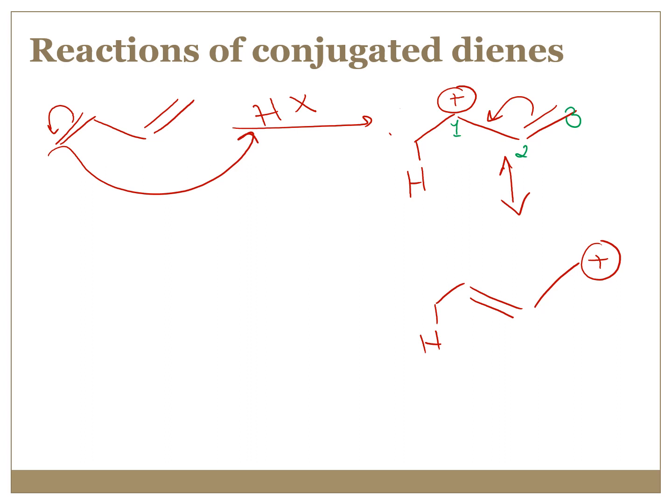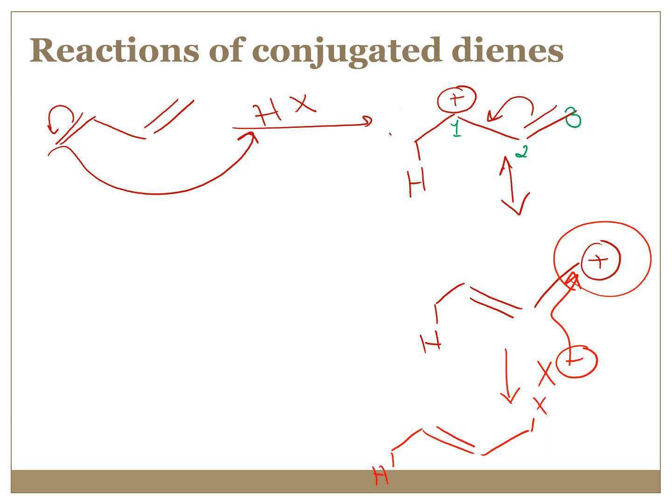This is how the resonance takes place. Now you have the positive charge on this carbon, which will be attacked by the remaining halogen, giving the 1,4 addition. And the double bond has moved to the center of the structure. This is the 1,4 addition.